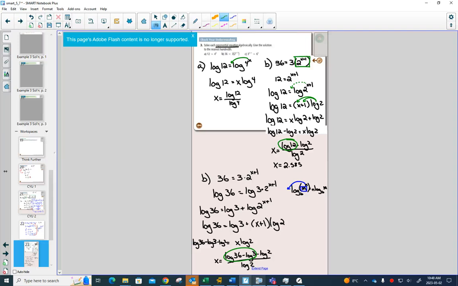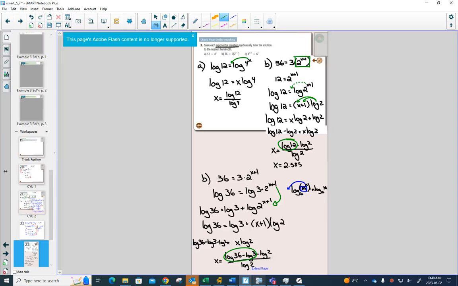But you're going to find if you can divide first, if you can get your power by itself first, it'll make your log laws a little bit easier. Because if you don't, this step to this step is often a mistake because you're so excited about bringing that power out in front, you do it too soon.